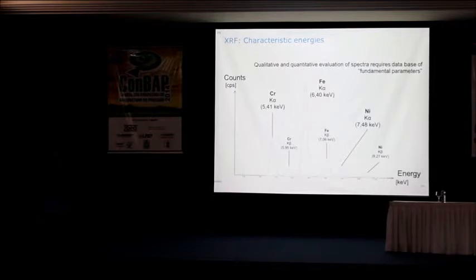The energy patterns are very specific for each element, and so this way you get energy spectra with very distinct peaks. You don't have many cases where the peaks are overlapping. This is very good.